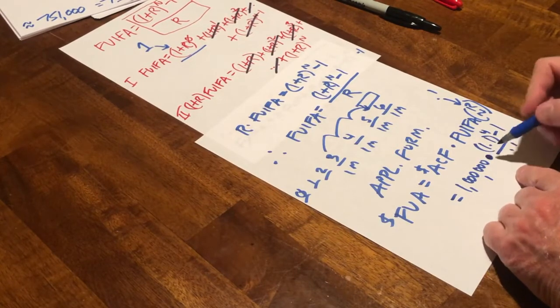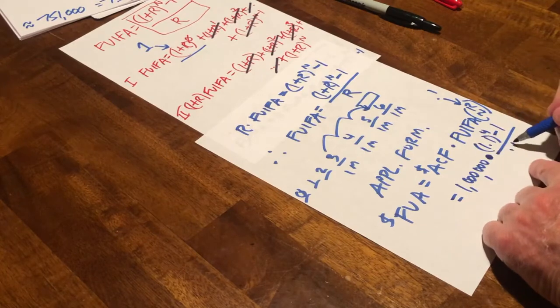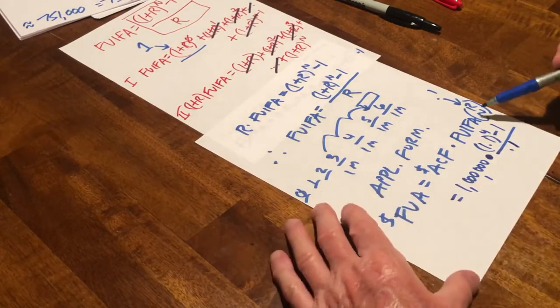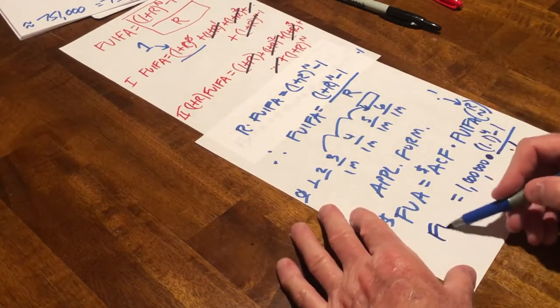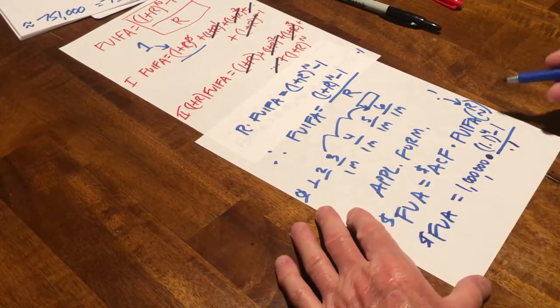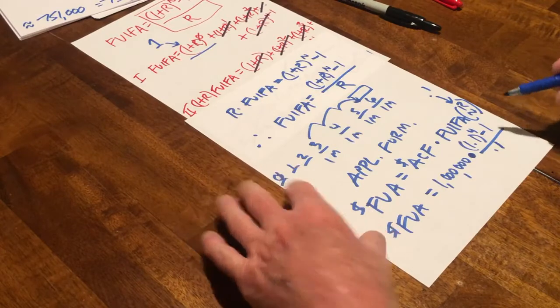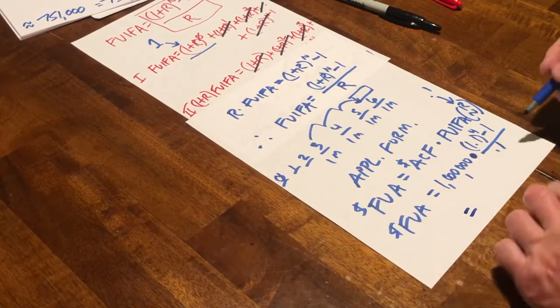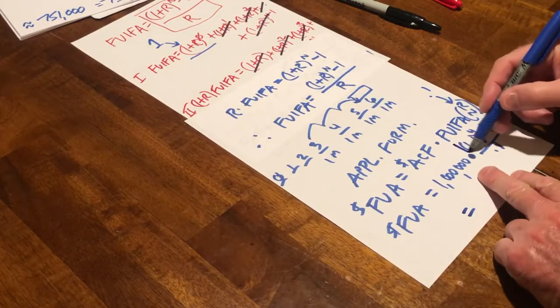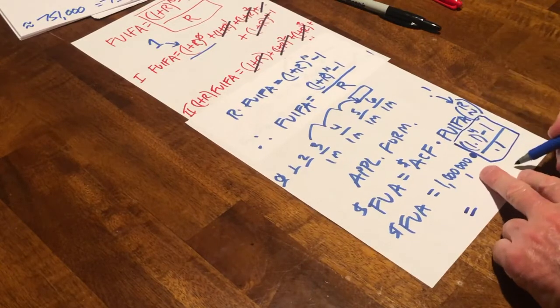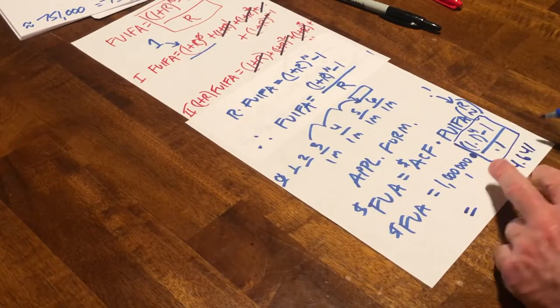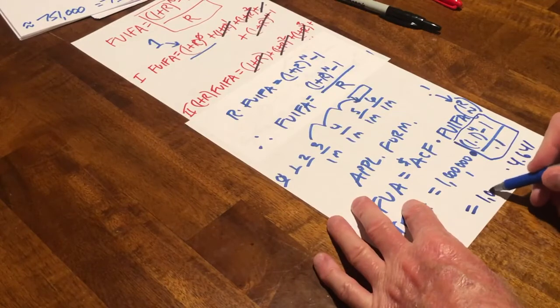Okay, that dot right there means multiply by. And so right here is the future value of the annuity, 1 million times this value right here. And now we have the value of this at 4.641 multiplied by 1 million.